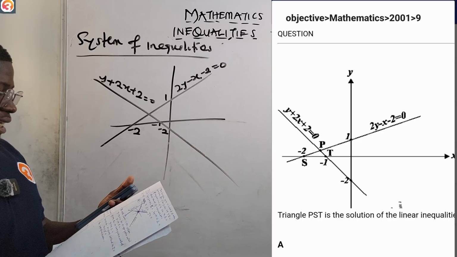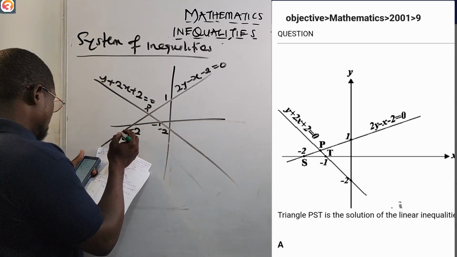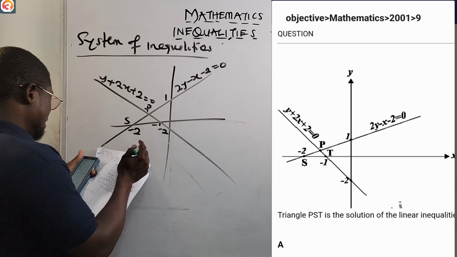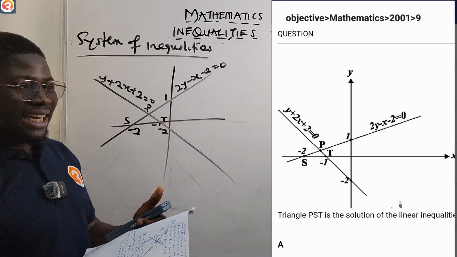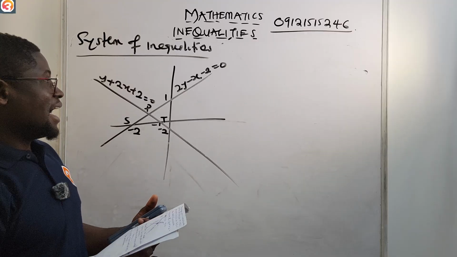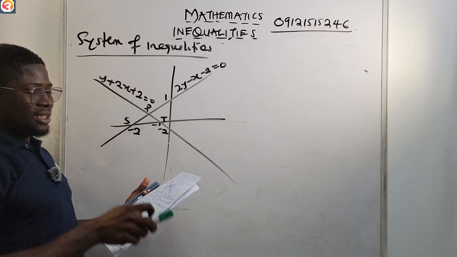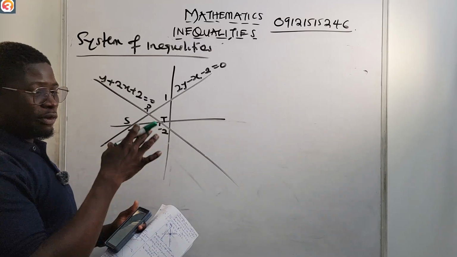Now, obviously, they say this triangle P, S, T, triangle PST is the solution of the linear inequality. So we have a set of linear inequalities here, and this triangle PST is the solution to this system of inequality.